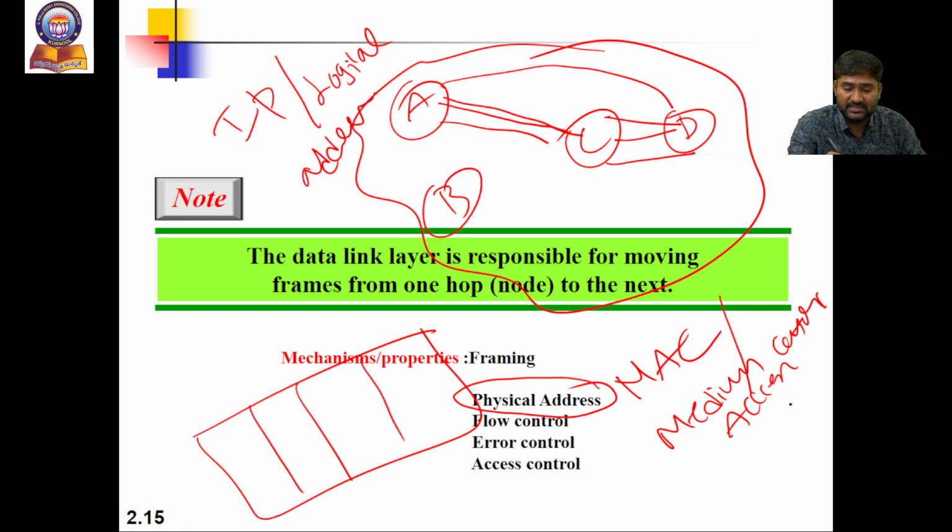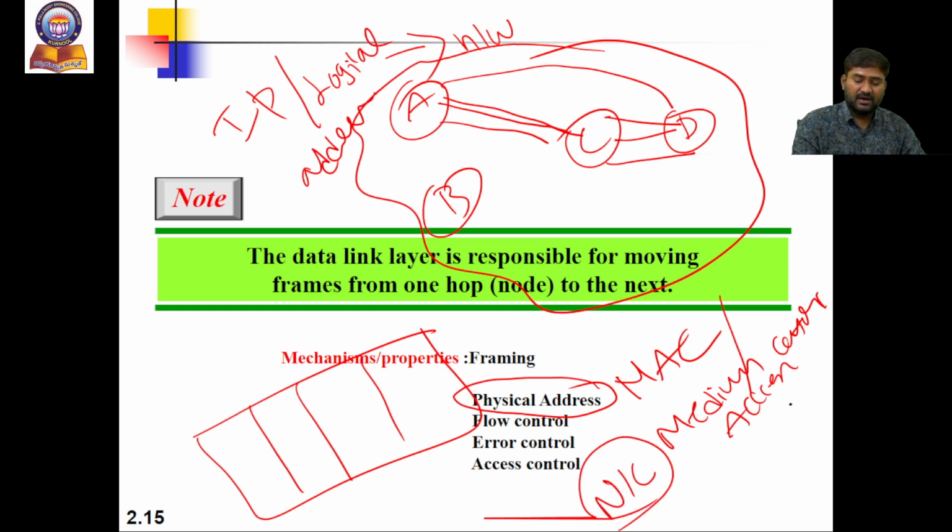These logical addresses will change from network to network. But the MAC address is a constant address. It's a unique address. It doesn't change unless we change the NIC card. NIC is the network interface card. There is one NIC for every networking device.